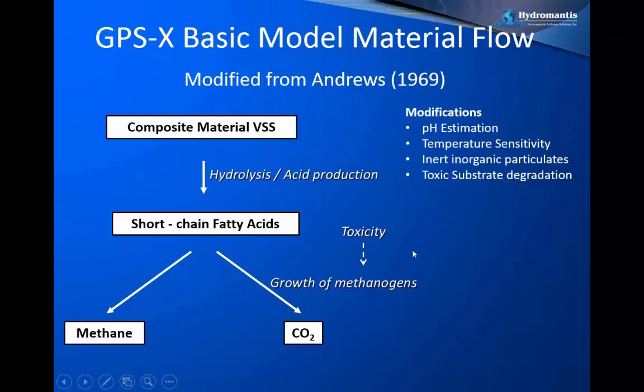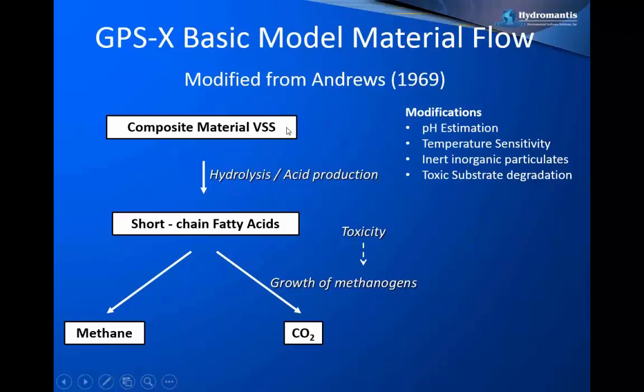If we look at the overall scheme of degradation, we can see that it's a 2-step process, and the initial starting material for this model is the composite material, which is classified as VSS.